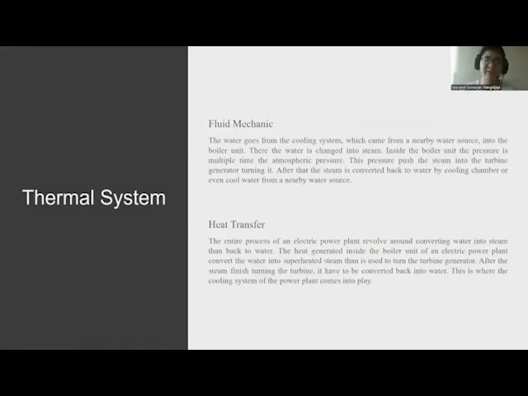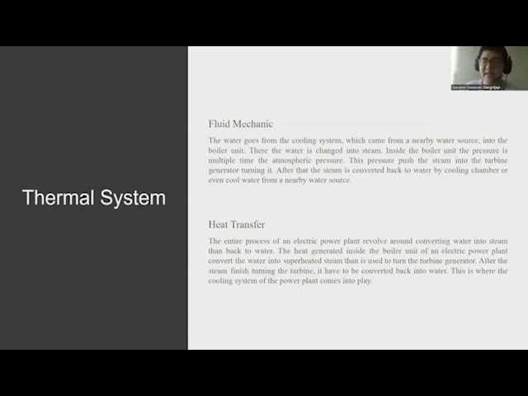Now, I will explain the thermal systems, which are the fluid mechanics and the heat transfer. The heat transfer of an electric power plant is quite obvious: the water changes from water to steam, and then from steam it is condensed back to water.